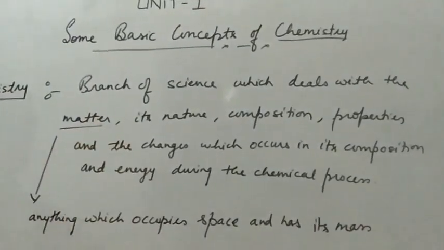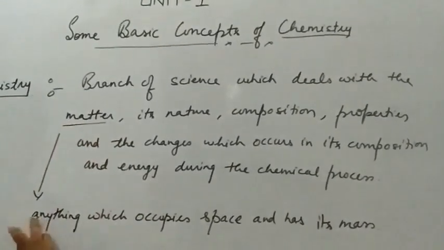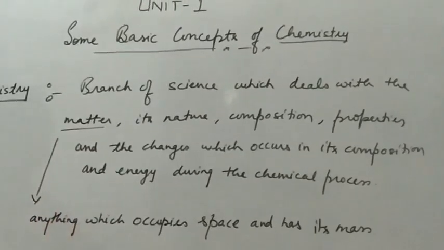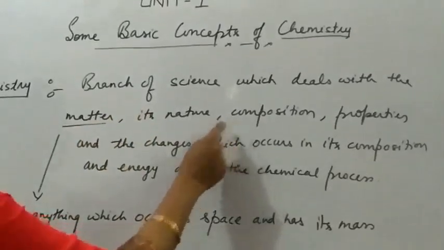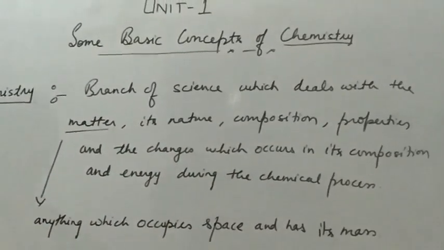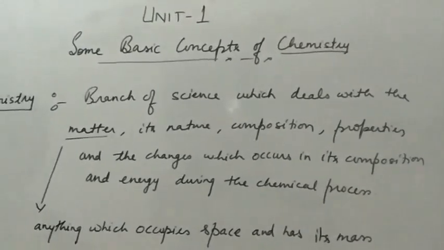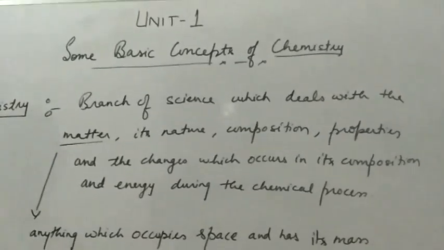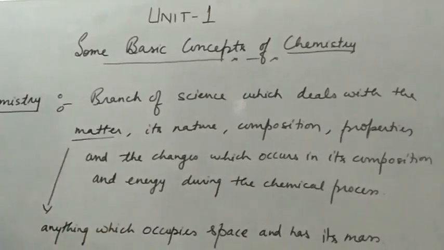Nature here is what is going to be the state of it, its particles, what is going to be the distribution of those particles. The forces of attraction will all come under this. Then the composition, that is what kind of atoms or molecules are present in it, and what is going to be the percentage of it. Then come the properties. Properties include both physical and chemical properties, and the changes which will be brought in its composition and energy whenever a chemical process takes place.